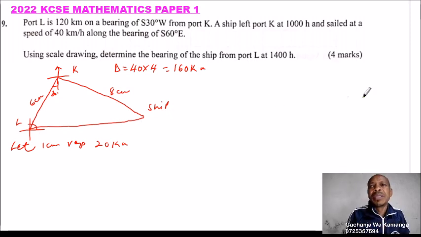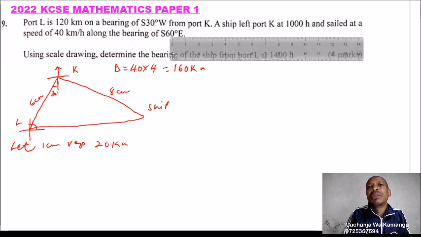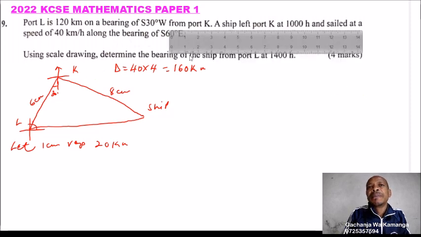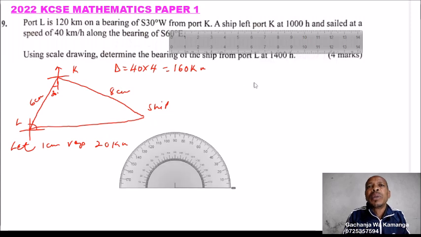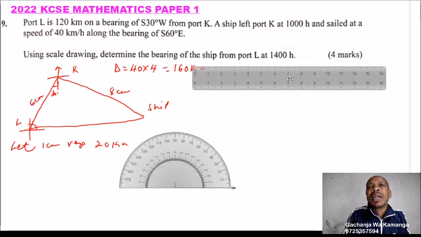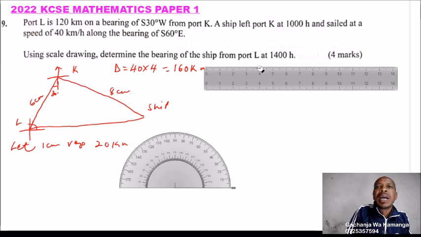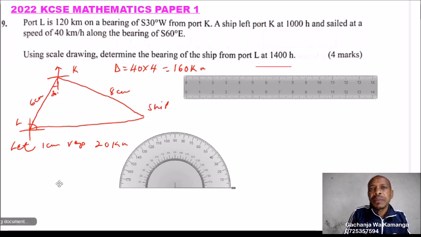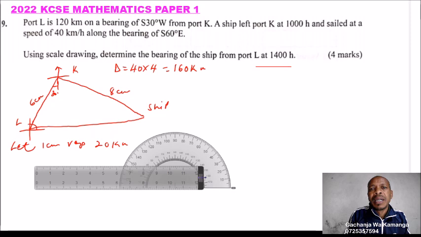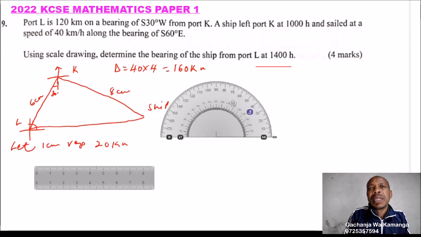What instruments do you need? You need a ruler. So you get a ruler. You also need a protractor. So we start with the ruler, and we draw that is a horizontal line. From there, bring a ruler here. I can make it a bit shorter. Take your protractor.